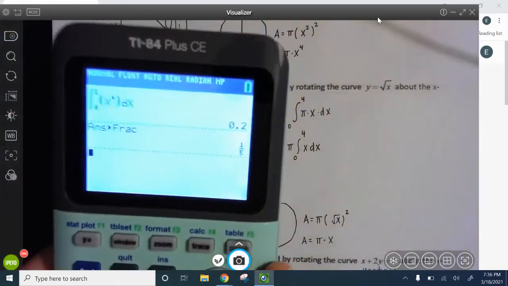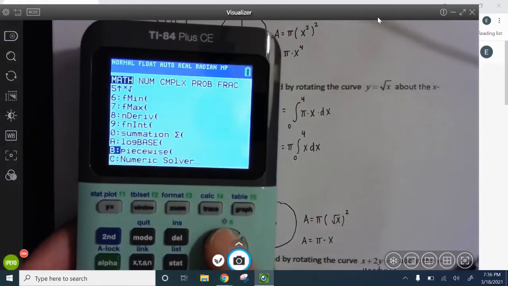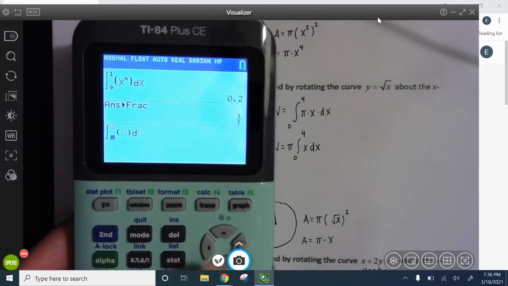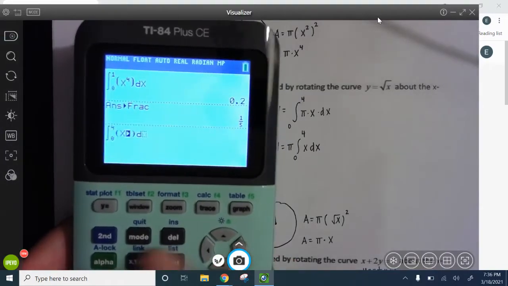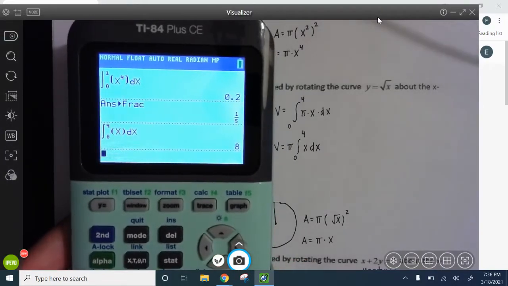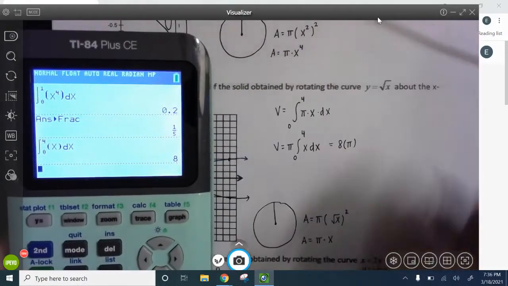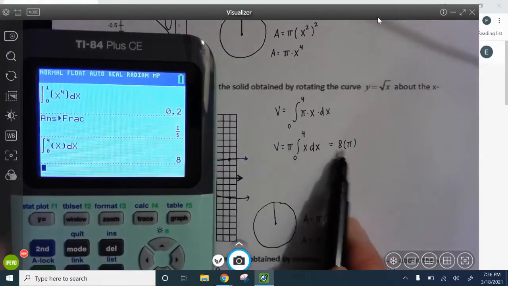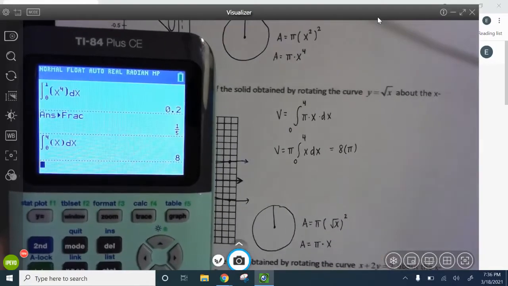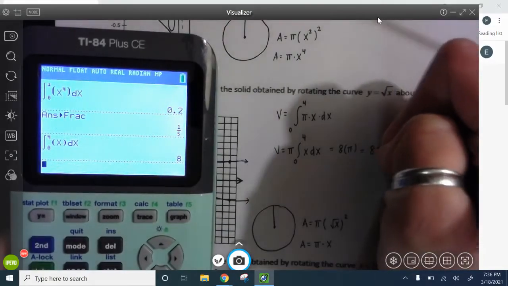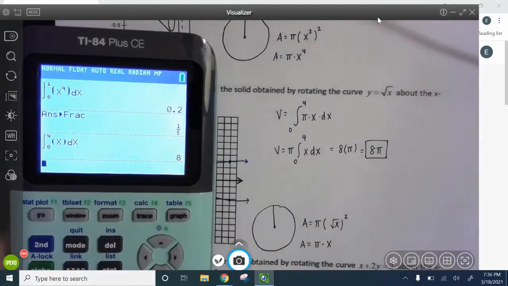Again, I can do that by hand, but I can also use my calculator to speed things up a little bit. So 0 to 4 of x dx is going to be 8. But again, I need to make sure that I am also bringing along that pi that we carried along on the outside as a constant. So that means that this is going to have a volume of 8 pi.